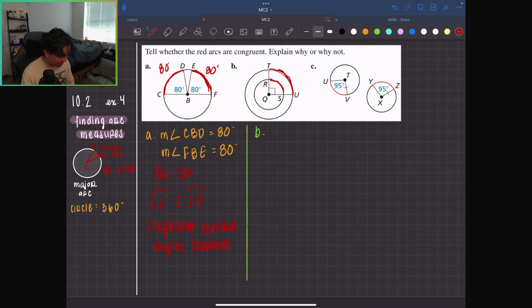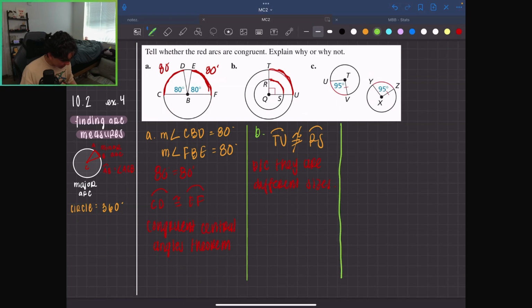So what can we say here? We can just say that arc TU is not congruent to arc RS. Why? Because they are different sizes. It has the same kind of shape to it, that same arc, right? But they're different sizes, therefore they are not congruent.